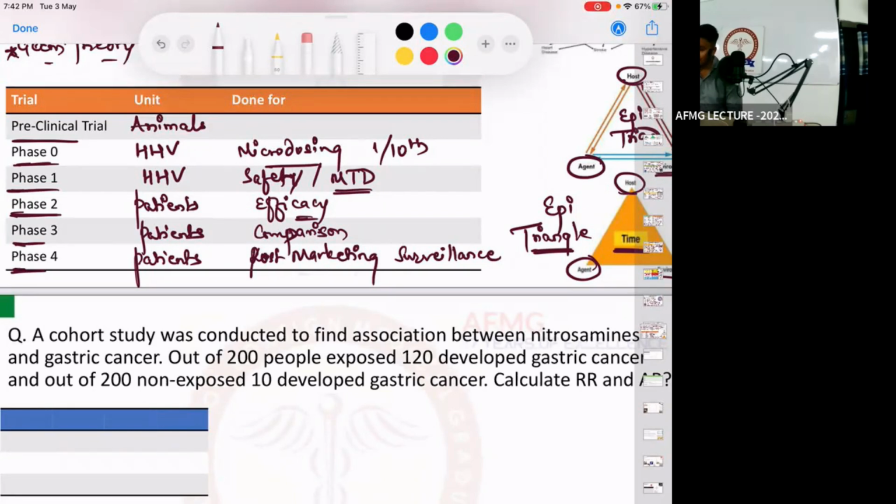Microdosing in. Comparison with existing drug. Efficacy in phase. Post-marketing surveillance. Long-term and rare side effects. After which phase does the drug go into the market? Which phase has the highest chance of failure?